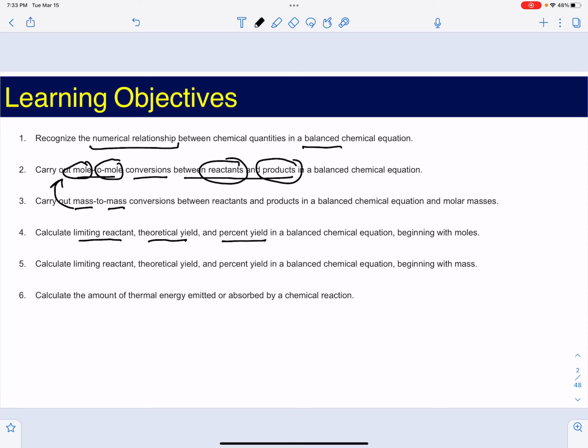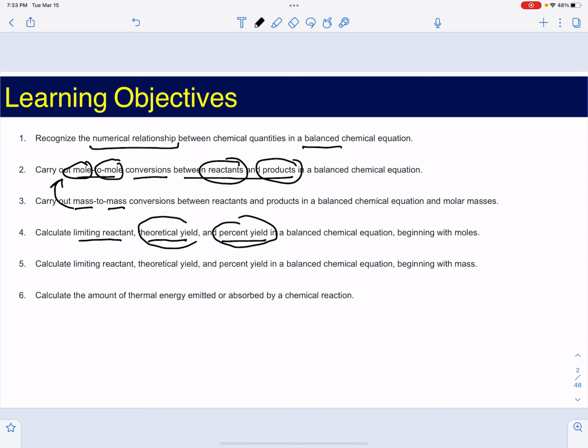So that's the percent yield. The percentage of what you actually made compared to what you were supposed to be able to do. So that's what we're gonna call the percent yield.